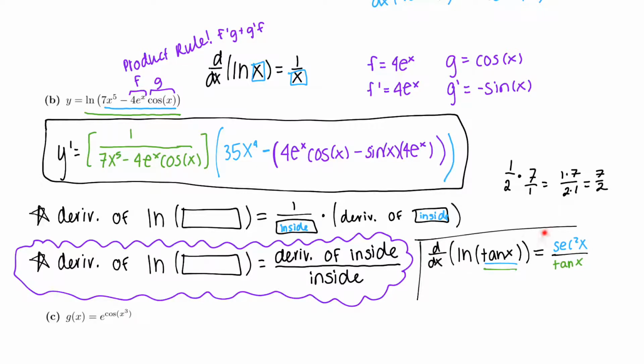This is technically chain rule. Normally we would have written it as 1 over tangent x and then multiplied by secant squared x. But it's the same thing, right? Secant squared x over tangent x is the same thing as 1 over tangent x times secant squared x. So something to kind of think about. It's a little bit easier.